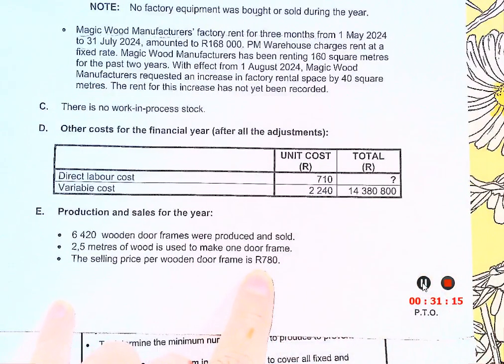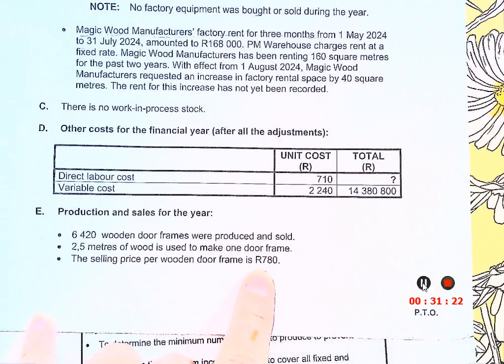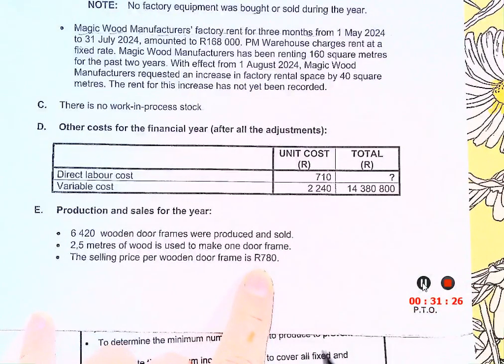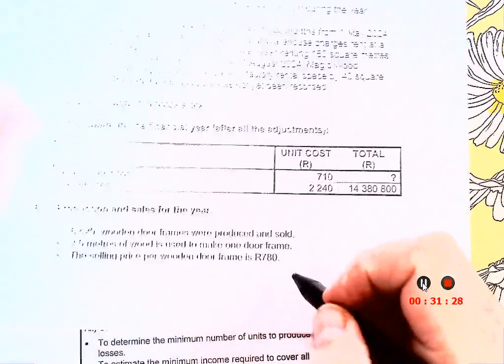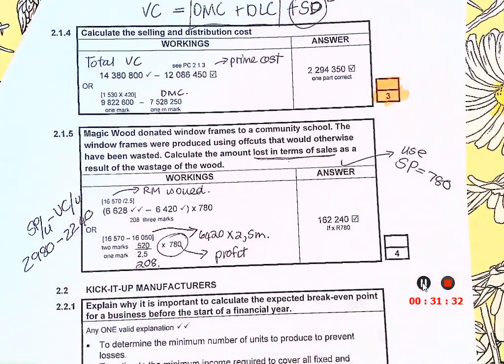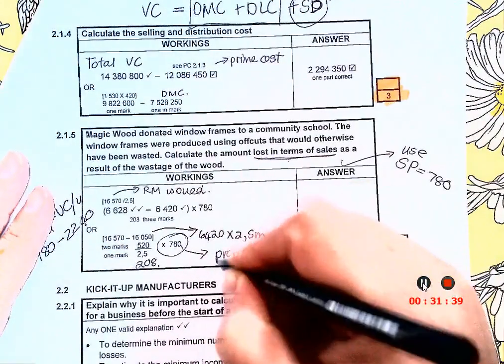Because remember, your profit is the selling price less the variable cost. So they're making a loss from the start. So it's a typing error. This is a typing error that was in here. Okay. So I think this other one was the correct one. Then it would have been 740 if it was the profit.